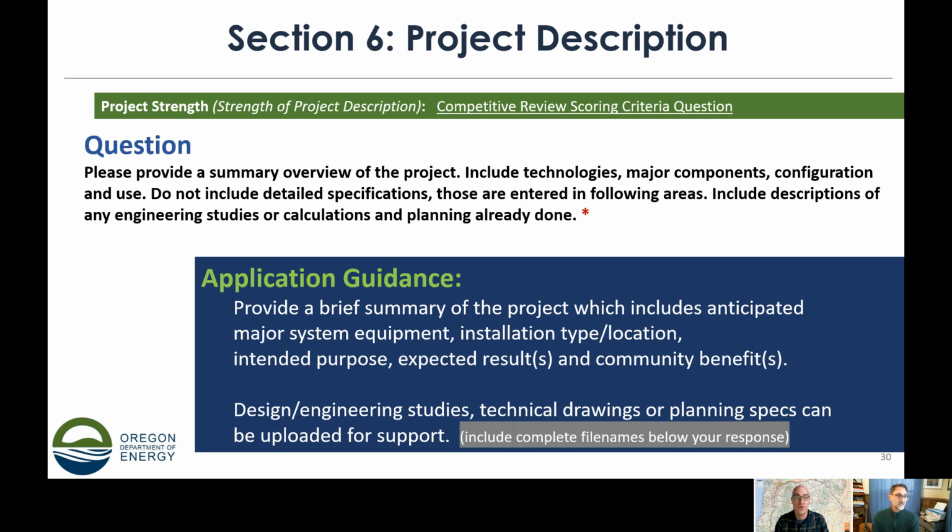That type of who, what, where, when, why is what we're looking for in this question. And this is part of the overall strength of your application scoring criteria, so it's in a group that adds up to the largest scoring block in the application, 45 points out of 100.